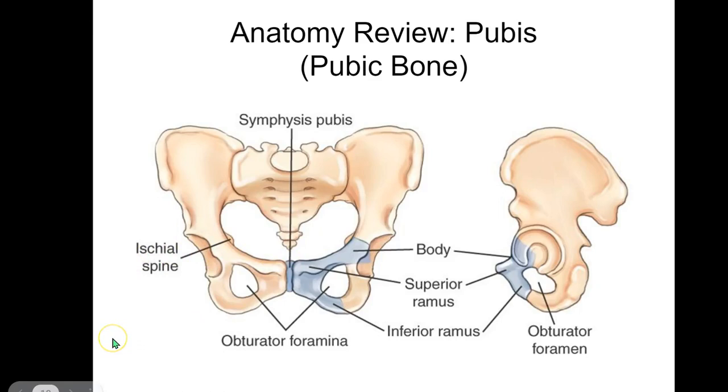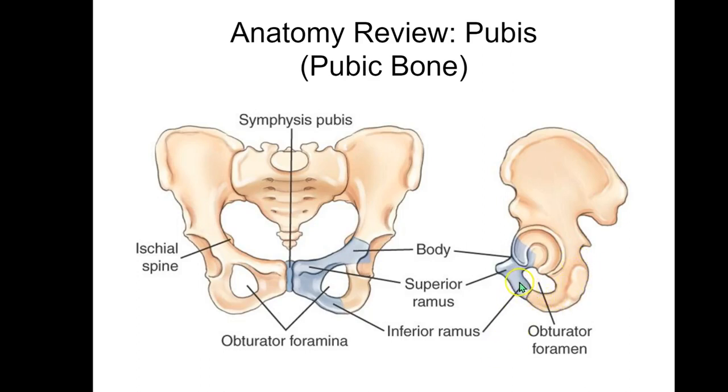Okay. Next, the inferior ramus, so you can see that here, passes downward and posteriorly from the pubic symphysis. So here is inferior ramus, so it comes down and posterior, and it actually articulates with the ramus of the ischium. So remember, this part was ischium.